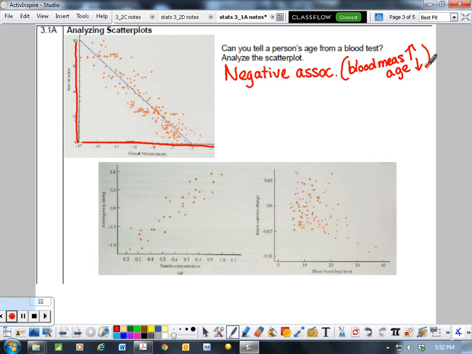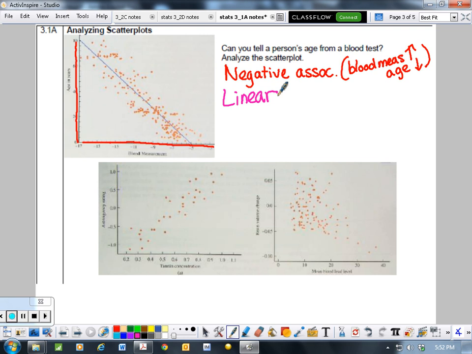Okay, the next thing we look at is form. I don't see much of a curve to it, so it seems pretty linear. Our next thing is strength. There's kind of a line there to give you an idea of the strength, and the points are not all that close to a line, but they're not really spread out either.